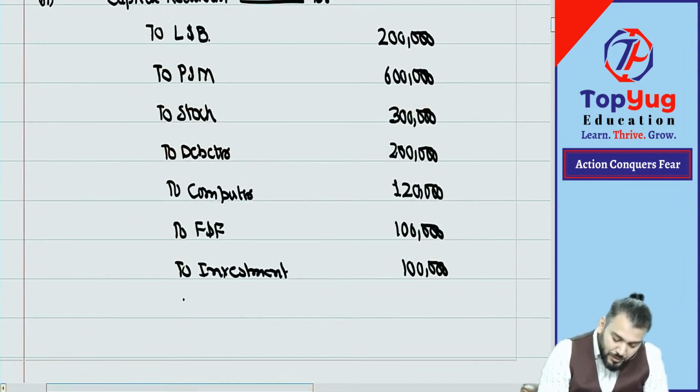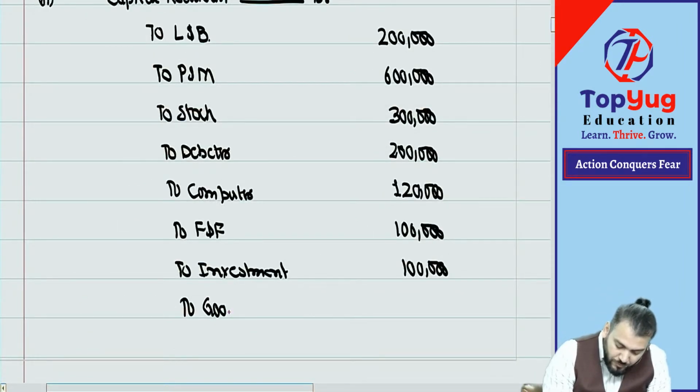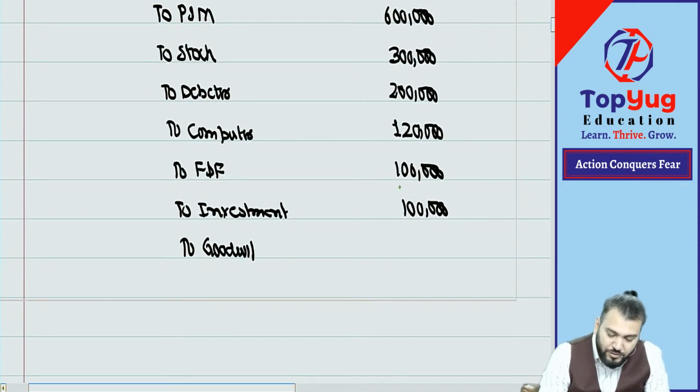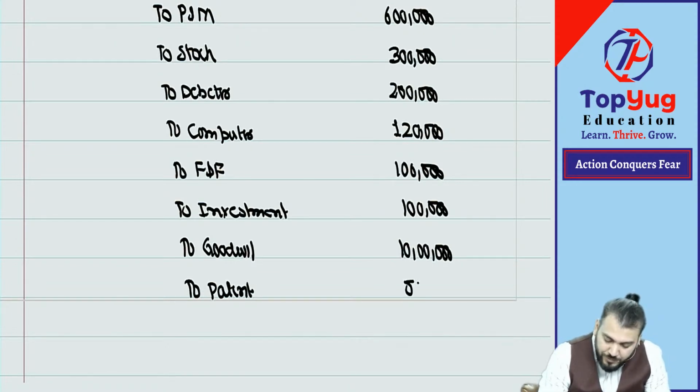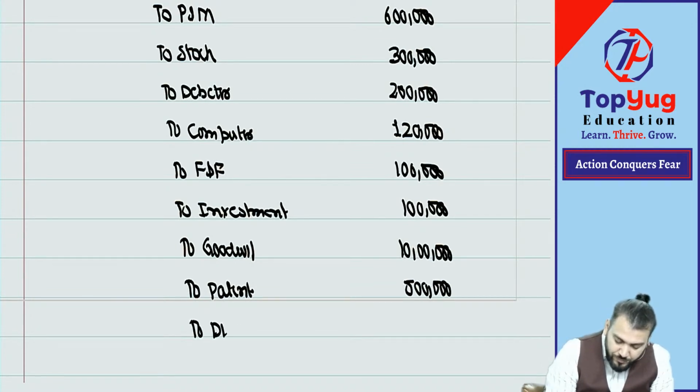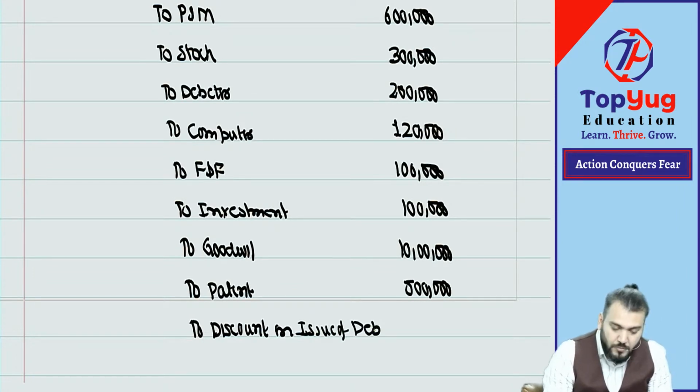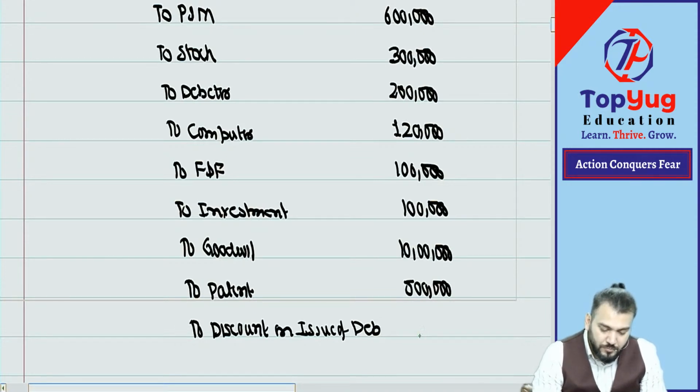In this entry, can we do to goodwill, how much? 10 lakh. To patent, how much? 5 lakh. Then to discount on issue of debenture, how much? 1 lakh.